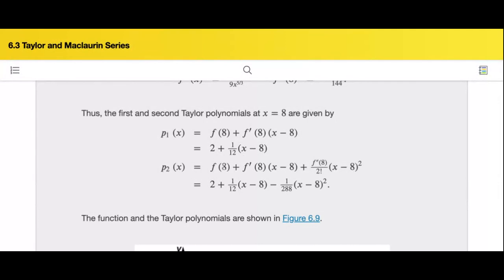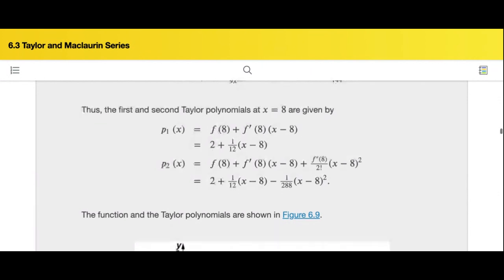Similarly for P2, we have the function value at a, the first derivative of a times x minus a, a linear term, then the second order f double prime of a divided by 2 factorial times x minus a squared. We have 3 terms here. After we simplify a little bit, we get a quadratic function. So the first order Taylor polynomial is a linear function. The second order Taylor polynomial is just the quadratic approximation.